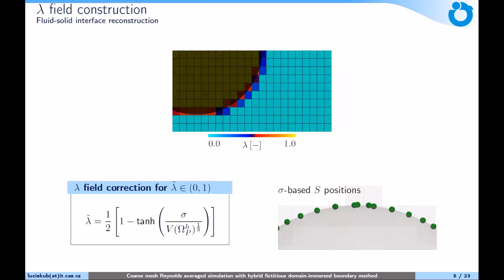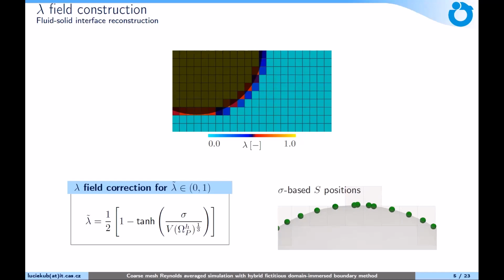Now, regarding the indicator field, it's very important because it carries the information about the geometry of the solid. For the cells at the interface, the value of the indicator field is computed from a signed distance, which we know, since we have the STL of the solid phase. Thanks to that, in the simulation, we can reconstruct the surface of the body pretty precisely from the scalar field.